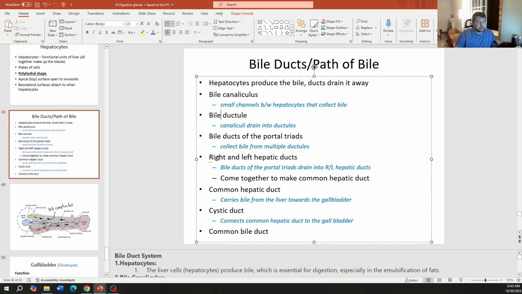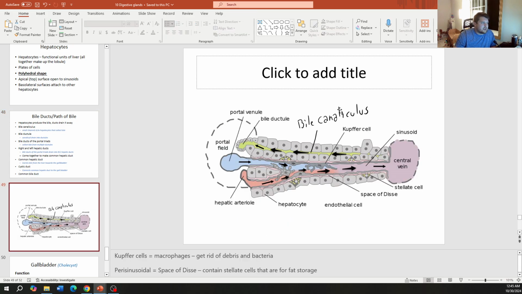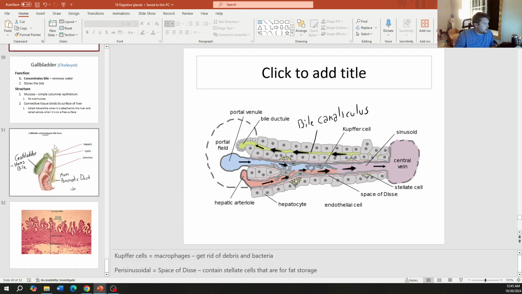Then it continues on its path, converging, getting bigger. Then you have right and left hepatic ducts. They come together to form the common hepatic duct, and then the cystic duct, and then the common bile duct. It's just a path down, so you get these little canaliculi.